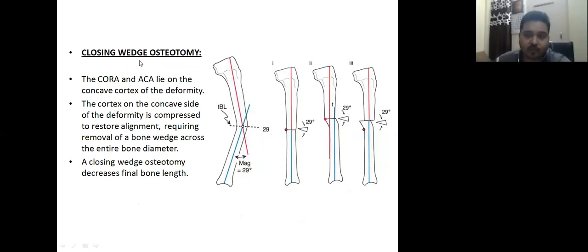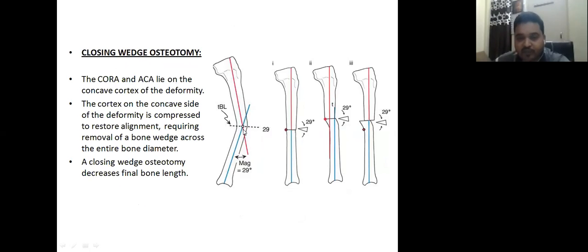Closing wedge osteotomy is exactly the opposite of opening wedge osteotomy. The CORA and the angle of correction lie on the concave surface of the deformity. It will be here, and we have to plan a closing wedge osteotomy.